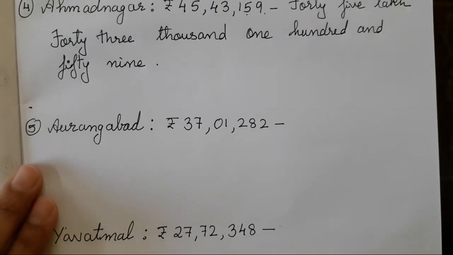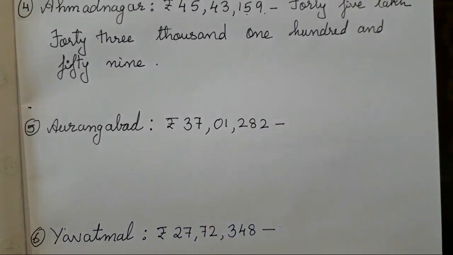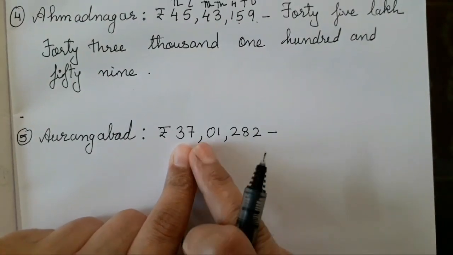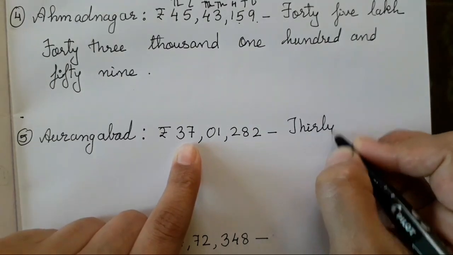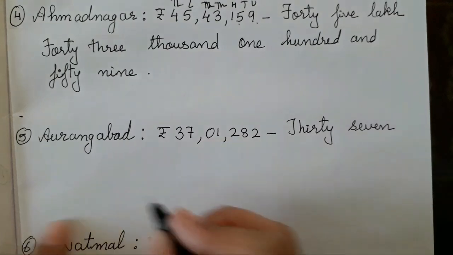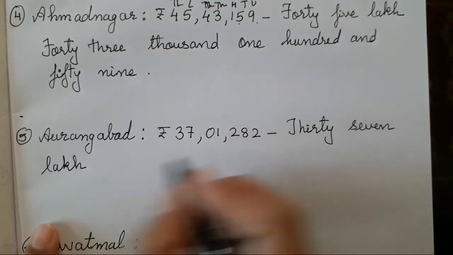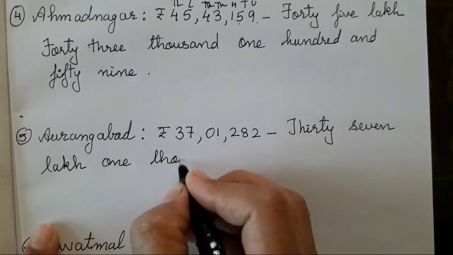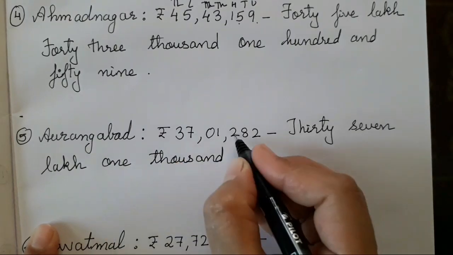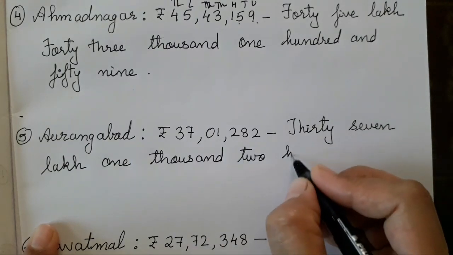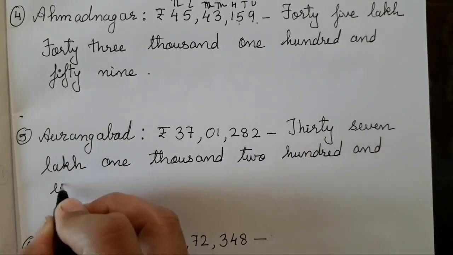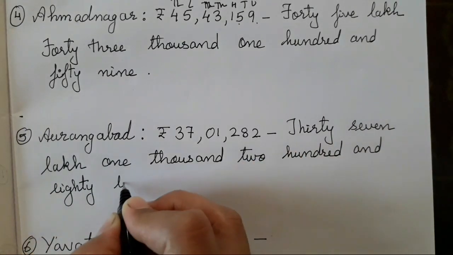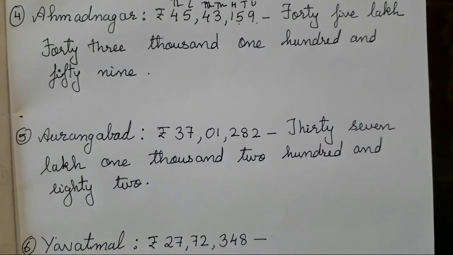Easy. Now last 2-3 sums, same pattern. Now I will not write the units, directly I am writing it. I hope you all will be able to read it the way I am doing it now. 37 lakh, 1,200 and 82. Isn't it easy to write now? Without the units also it becomes very easy once you all practice it.